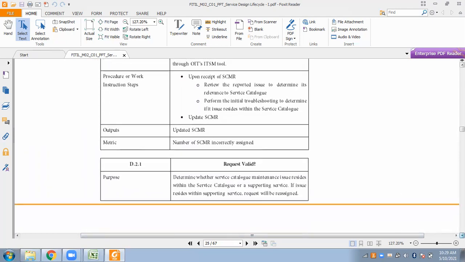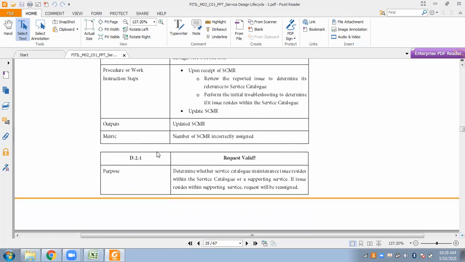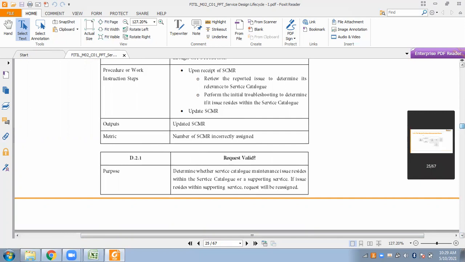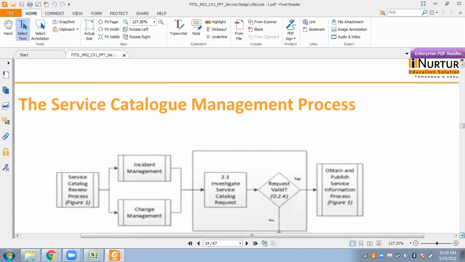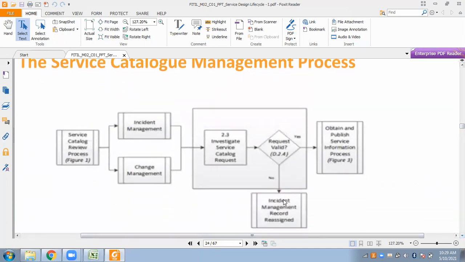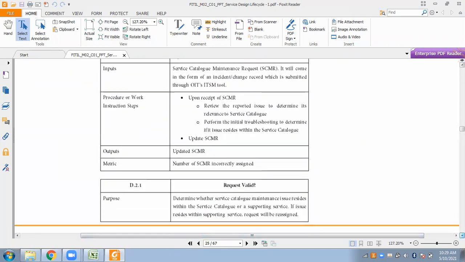Next we come to, is the request valid? If the request is valid, of course we go to the third flow, which we have seen already. If it is not valid, then we come to the incident management record reassign. So what is in there?